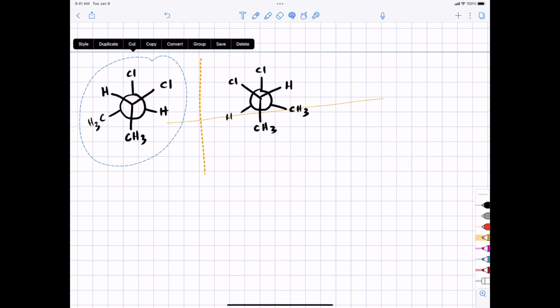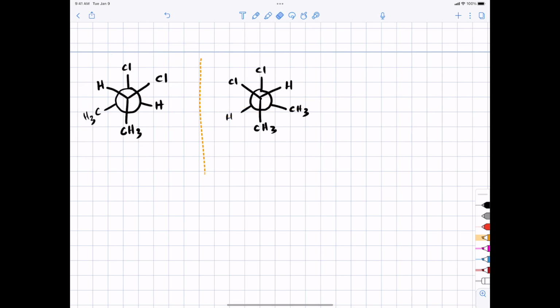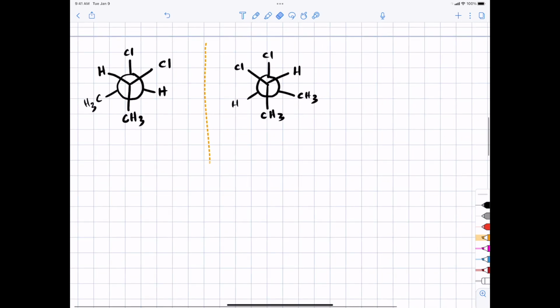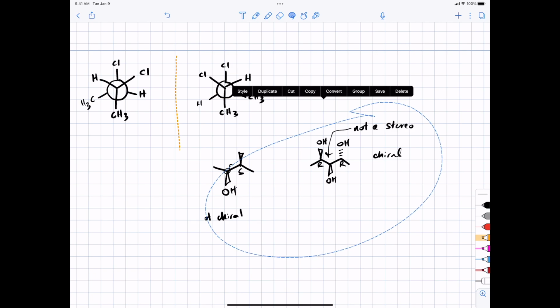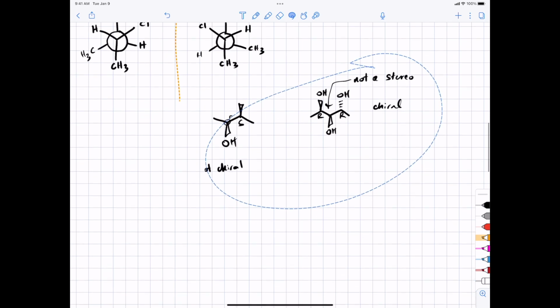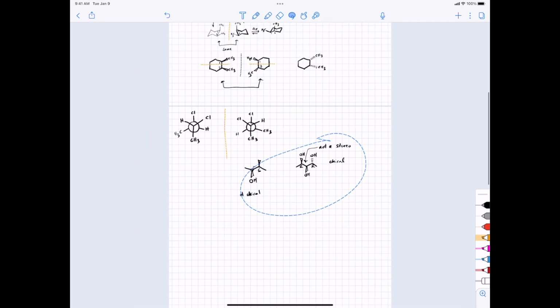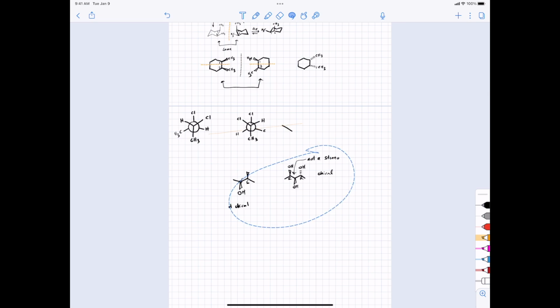Whoa, where did that orange line come from? That's kind of awesome. Wow. Okay, hold on. It was there, except it's not. I'm really sorry. Oh, okay.